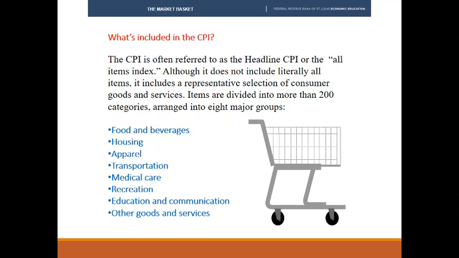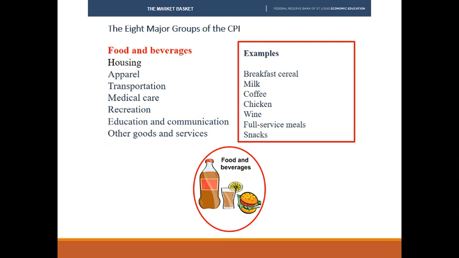So what specifically are we sure to include in the CPI? Well, there's these 8 major categories: food and beverages, housing, apparel, transportation, medical care, recreation, education, and other goods and services. So we'll get into some details about what each of those things are.